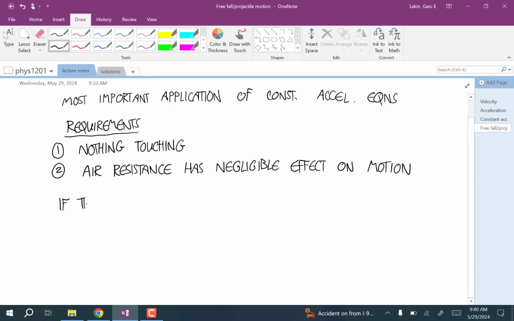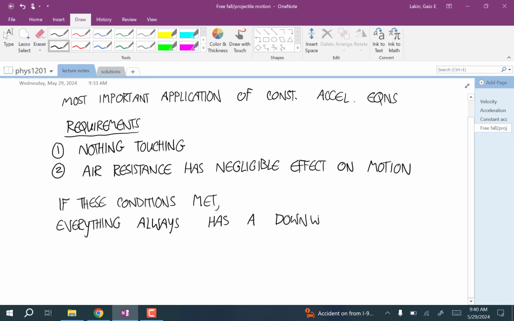So if these conditions are met, then everything, always, so whether it's on its way up or on its way down, has a downward acceleration of 9.8 meters per second squared.